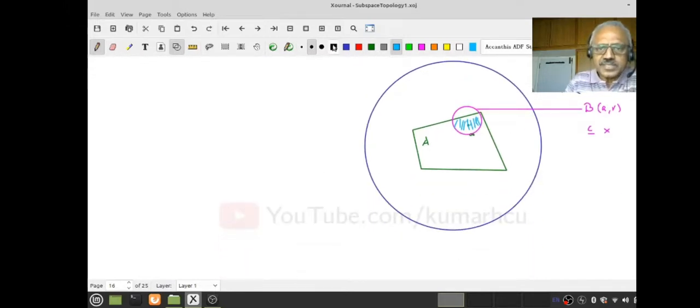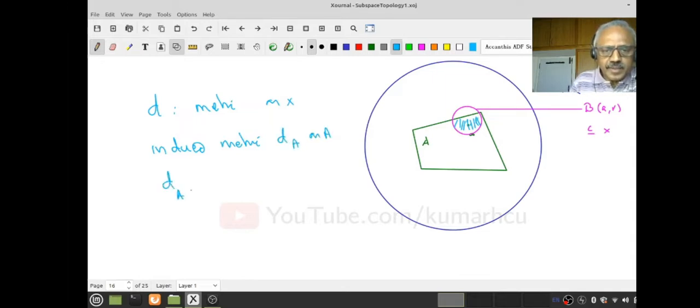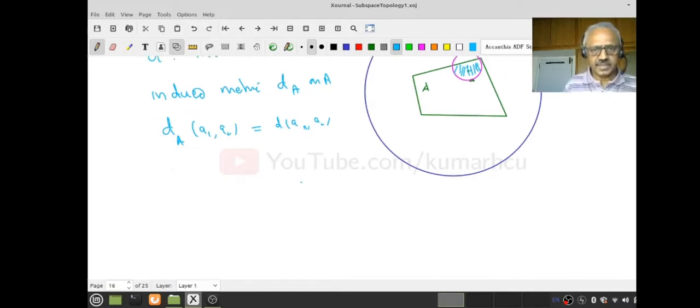Now there is something interesting that happens. Now notice that d is a metric on X. Therefore I have the induced metric d_A on A, right? Therefore d_A on a1, a2 is nothing other than d on a1, a2. Think of them as points of X and then take the distance, right?